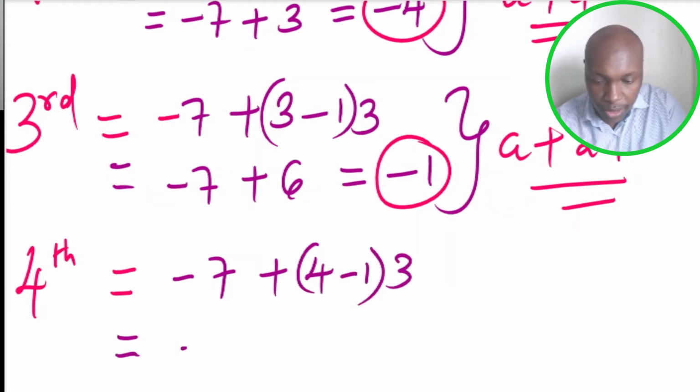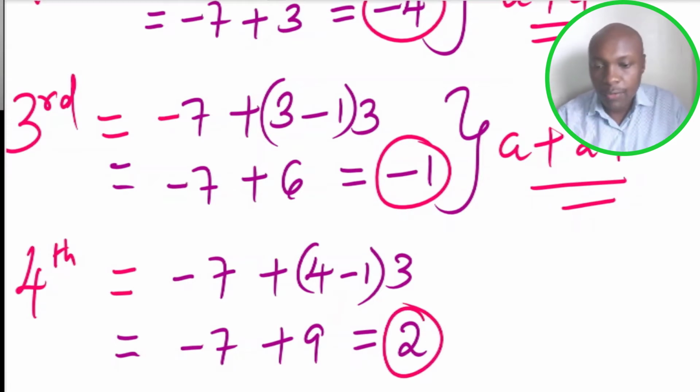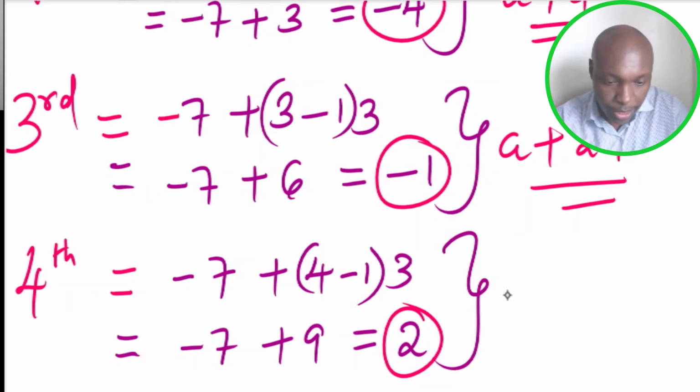So this will give -7 plus 4 minus 1, which is 3 times 3, which is 9. So this will give -7 plus 9, which will give 2. So that is the fourth term. If you want to simplify this, the fourth term is given by a plus 3d.